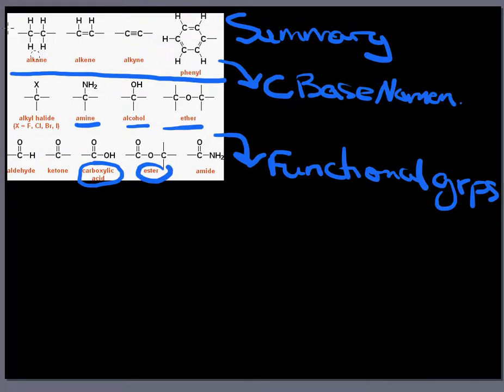We'll be looking at macromolecules that are alkanes. We'll see a couple that might show up as being alkenes, and we'll also look at some phenols. Phenols can also be called aromatics.